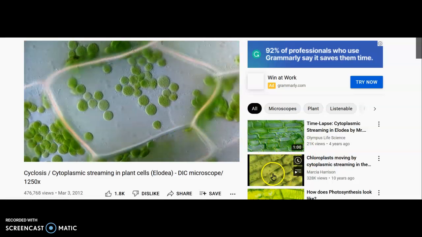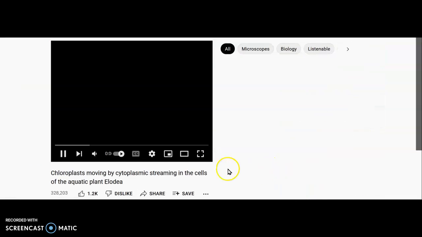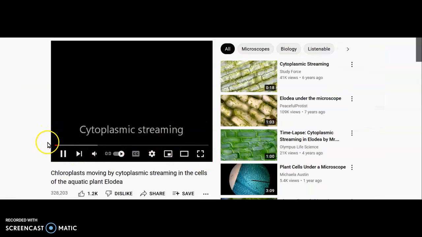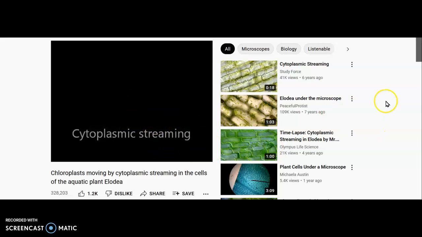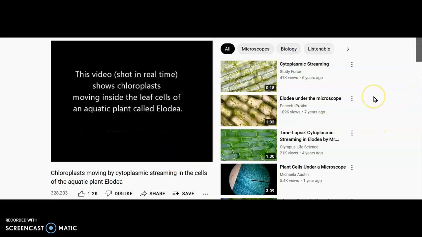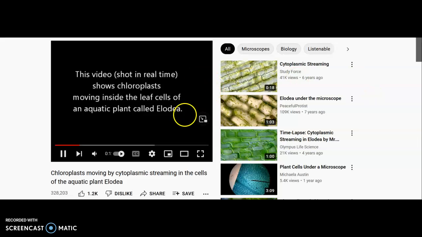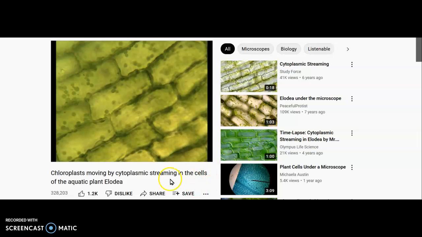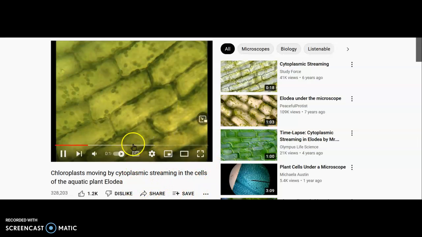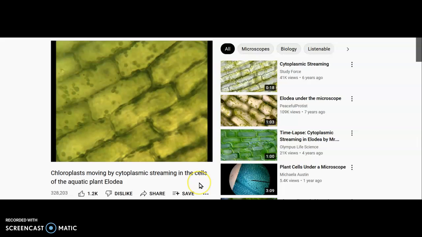And I encourage you to look around in YouTube and see what you can find on chloroplast. See what you can learn about it. Sometimes it's called cytoplasmic streaming, because that's when the chloroplasts start moving around inside. So that's another word you can look for. And you can see it here too. Now, this is an Elodea.